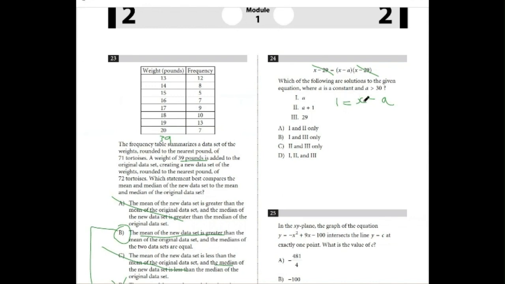But if I put A instead of my x, this is not true. So number one is automatically eliminated. The trick here is that all of the answer choices have the 1, so obviously we can say that C is the correct answer, but I'll explain why 2 and 3 are also correct.